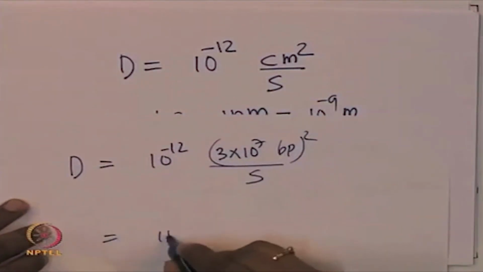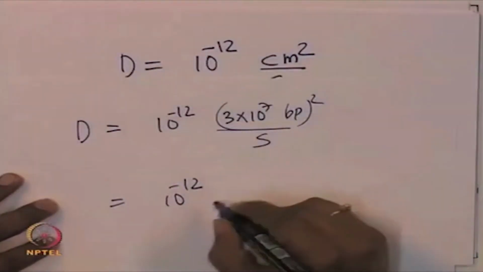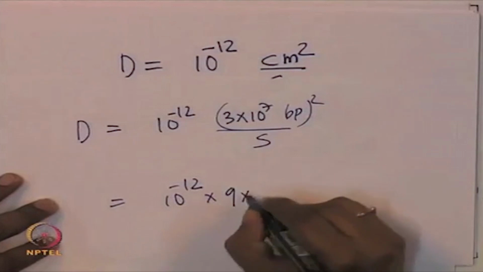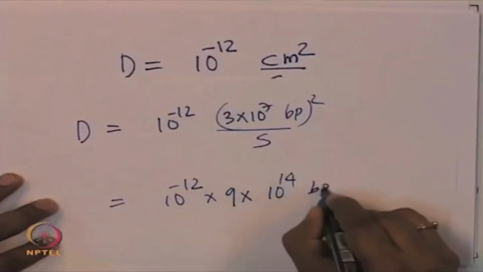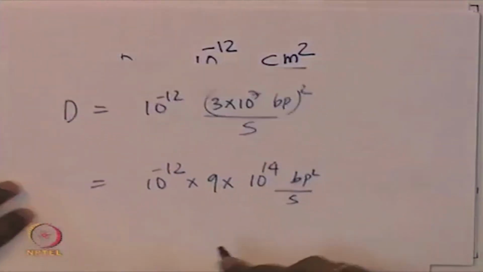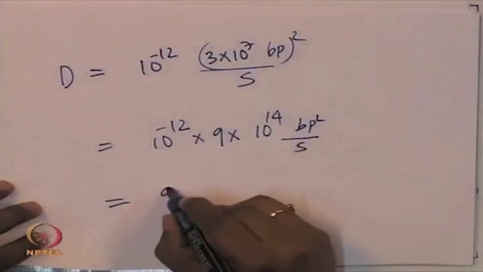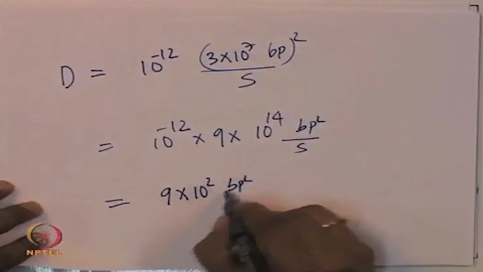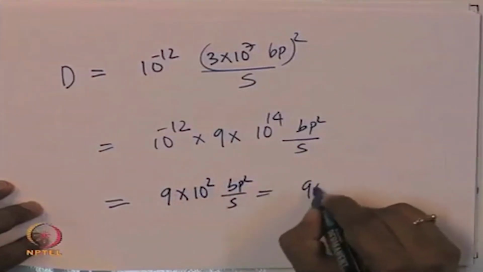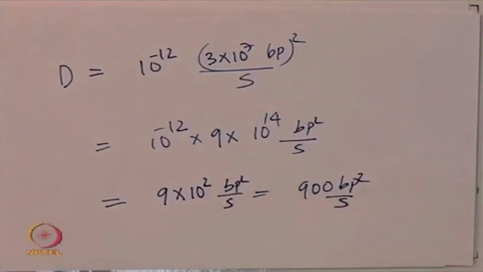So, this is 10 power minus 12, 3 into 3 is 9, 10 power 7 into 10 power 7 is 10 power 14 base pair square per second. So, this is basically 10 power 9 into 10 power 2 base pair square per second. So, this is about 900 base pair square per second, the typical diffusion coefficient of a protein.